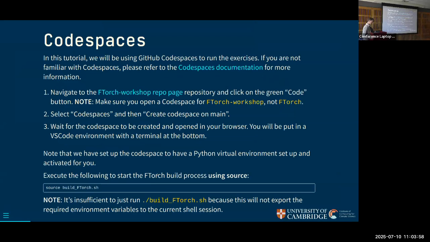If you leave that churning away, once it does get set up, you'll want to run this command in the terminal it drops you into: source build FTorch, it's a shell script. If you want a copy of these slides, because we're going to move on, you can find those.